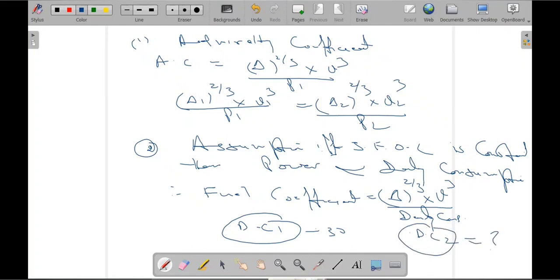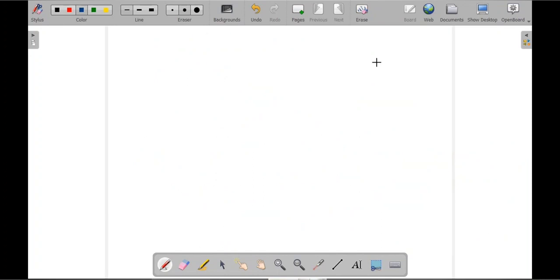So accordingly, similarly delta 1, delta 2, V1 under the speed in one condition, V2 in the second one, P1, P2, like this only. So from this fuel coefficient formula, we can clearly write, let me erase this first.